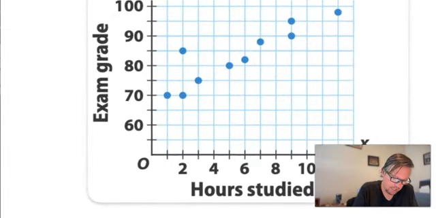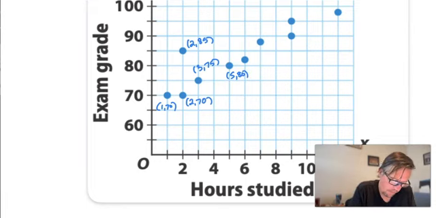So this one is (1, 70). This one would be (2, 70). This one would be (2, 85). This one is (3, 75). Boy, that 85 sure is irritating, isn't it? That's the kid that barely studies and still makes a pretty decent grade. This one looks like it's about 6 and, what do we say, like an 82 maybe?